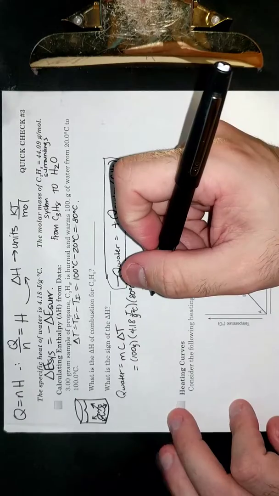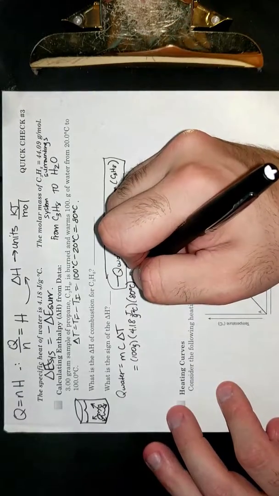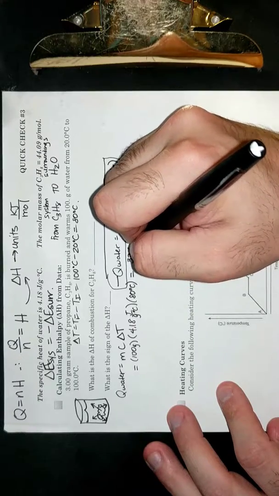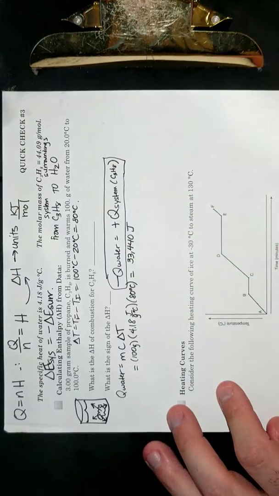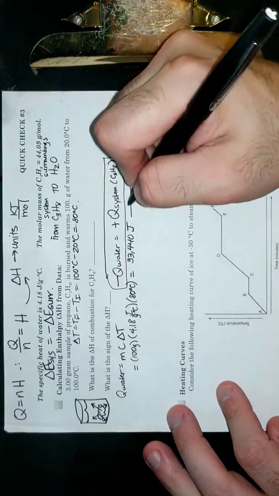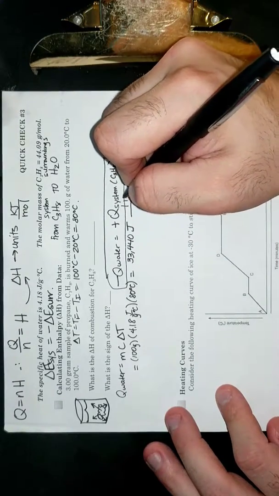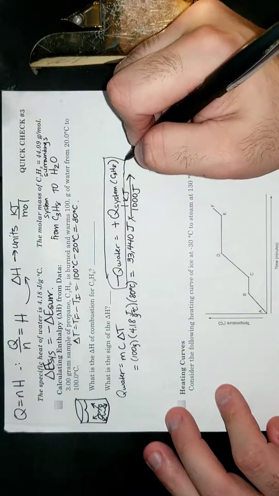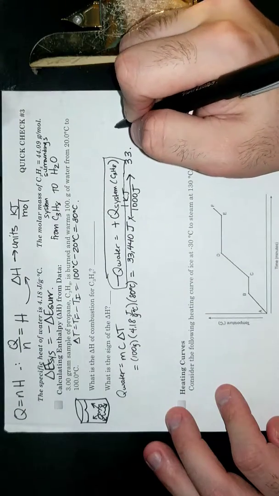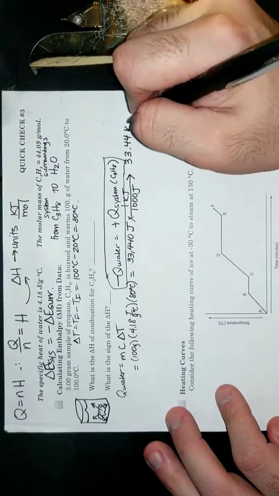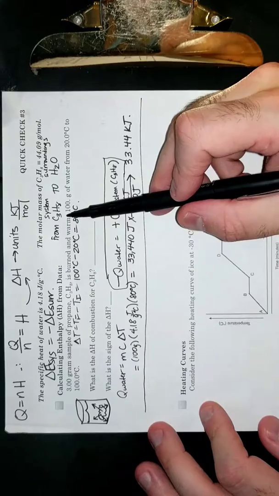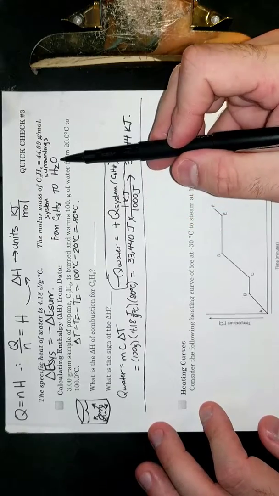If I do this energy calculation, I get that the energy is equal to 33,440 joules. To convert that to kilojoules, 1 kilojoule is 1,000 joules, so I divide by 1,000 and get 33.44 kilojoules.